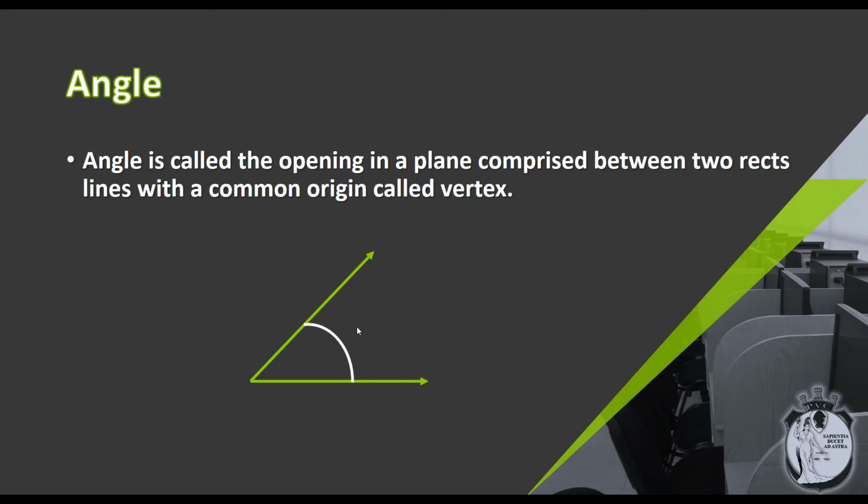If you have 2 rect lines with the same angle that are parallels, those rects will never intersect. So again, an angle is the space between 2 rect lines that intersect in one point. The origin, or that point, is called the vertex.